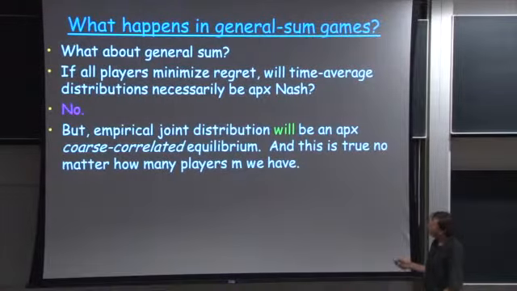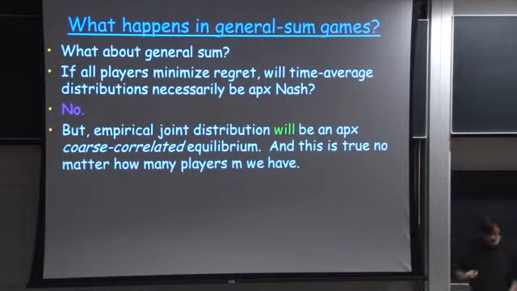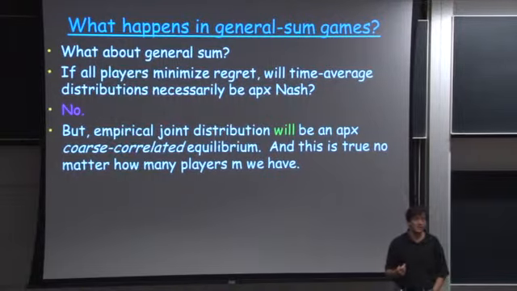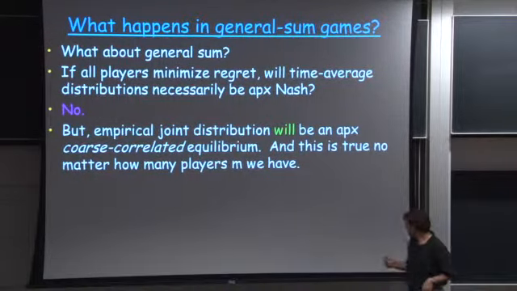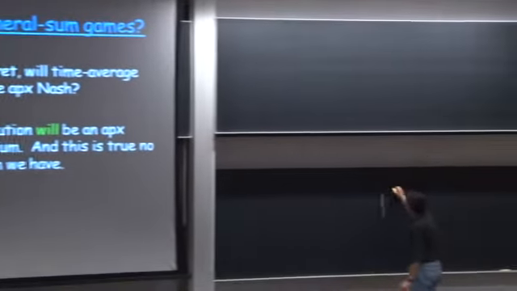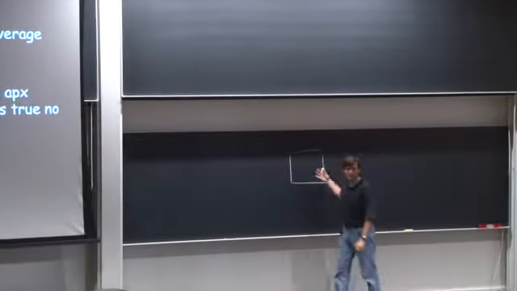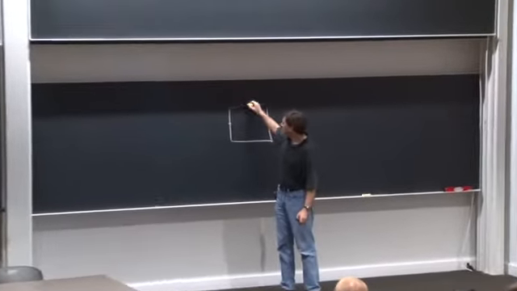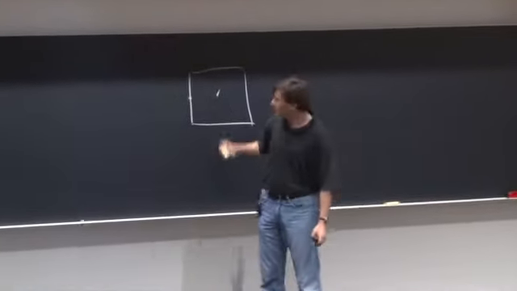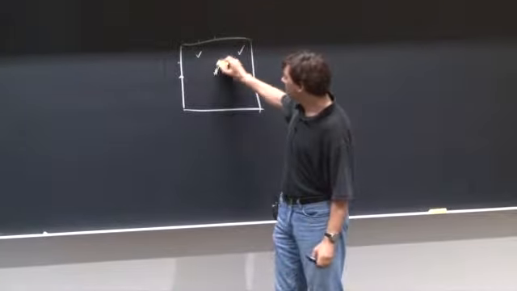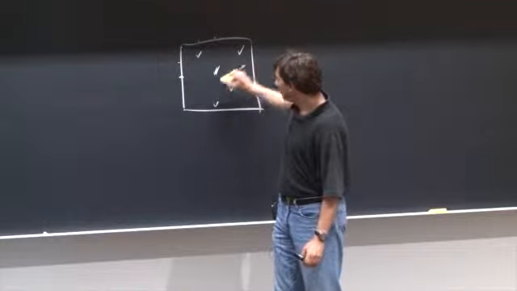On the other hand, you can say the following: the empirical joint distribution will be an approximate coarse correlated equilibrium. What do I mean by the empirical joint distribution? Let's just say two players, just because I can draw that on the board. Day one, this player plays this, and this player plays that, so we'll put a check mark there. Day two, this player plays this, this player this, put a check mark there. Day three, this. Day four, this again. Day a million.